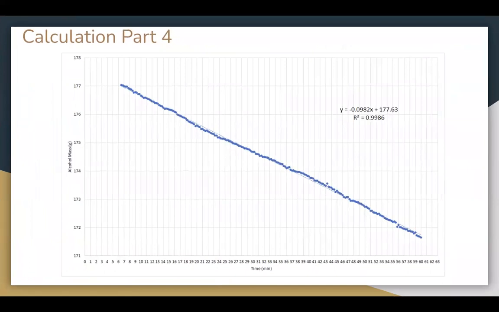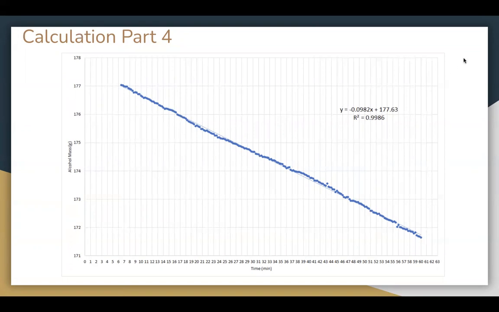After plotting the data, we found the relationship between the time and mass of alcohol. We then created a model based on the data, which shows the evaporation rate with the new apparatus. The model we found was y equals negative 0.09982x plus 177.63. We found this to be pretty accurate because it shows a negative linear relationship.